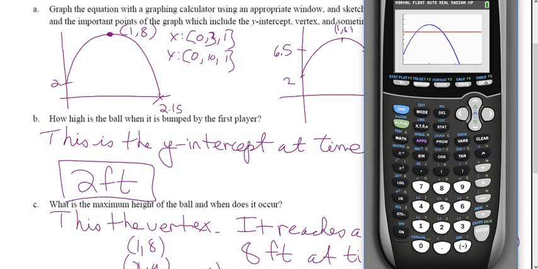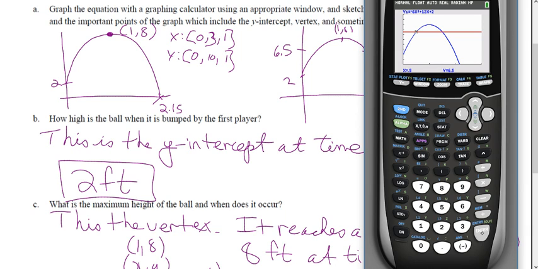So if I wanted the height at a time of 0, I just use second calc and I put in an x value, right? If I knew this was at 1 second, I could go second calc and put in a 1. If you say, how high is the ball after 0.5 seconds, then I would go second calc and put in an x value, 0.5. It happens to be at 6.5. That was just randomly weird. I didn't plan it that way.